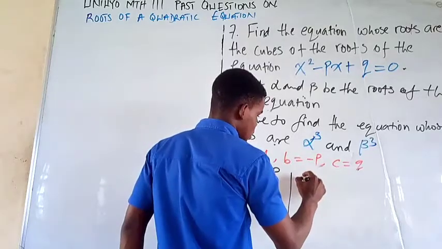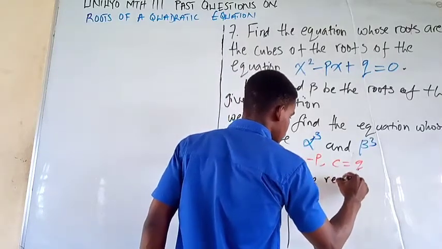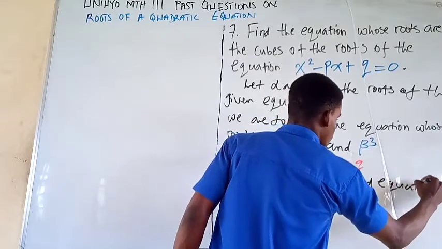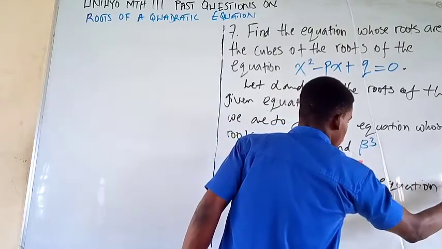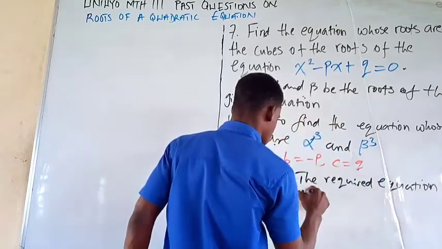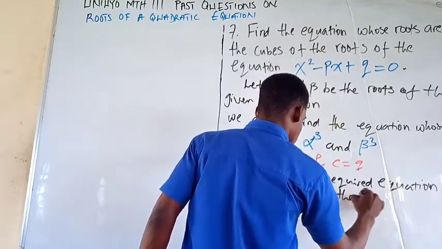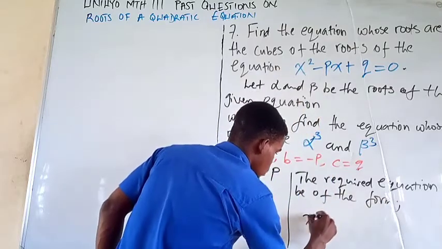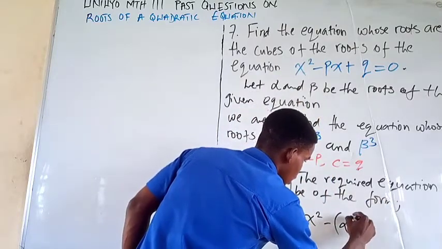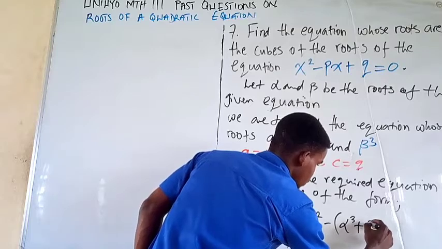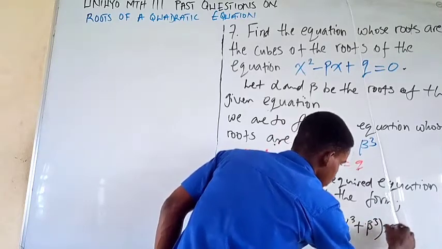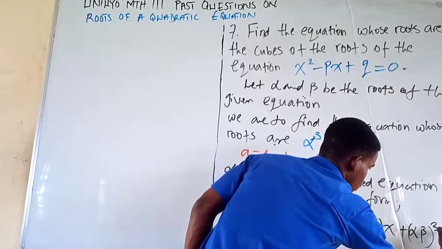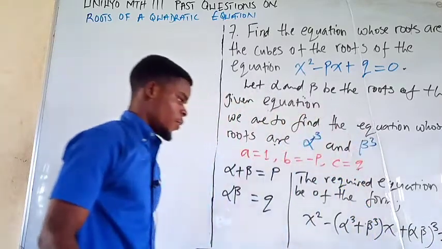Then it means that the required equation will be of the form x squared minus (alpha cubed plus beta cubed) x plus (alpha beta) cubed equal to 0, right?